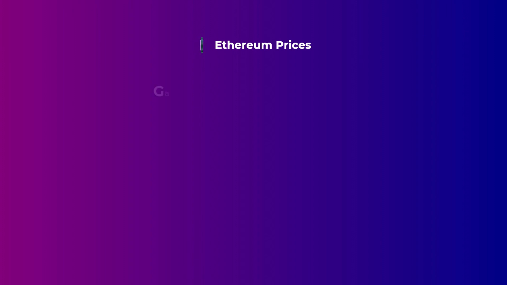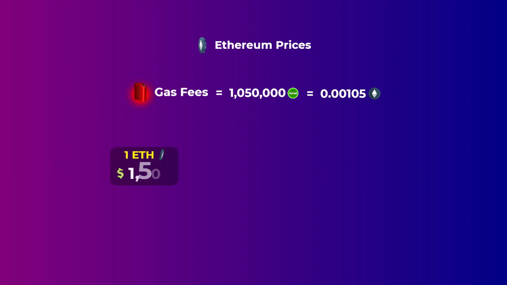In the example we explained earlier, we calculated the gas fees and we got 1,050,000 Gwei, which was equal to 0.00105 Ethereum. This doesn't change, as one Ethereum will always have 1 billion Gwei, but what changes is how much you pay in dollars. In this example earlier, we calculated at $1,500 per Ethereum coin, which gave us $1.57.